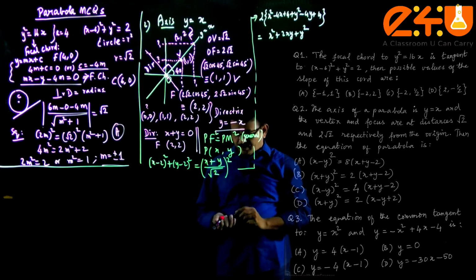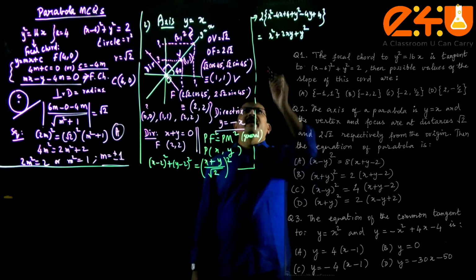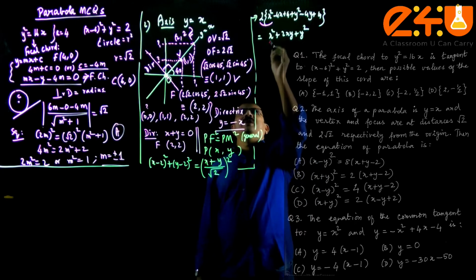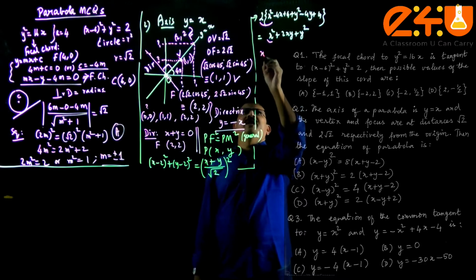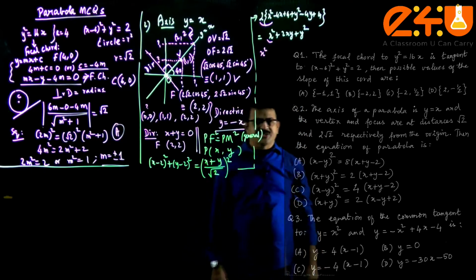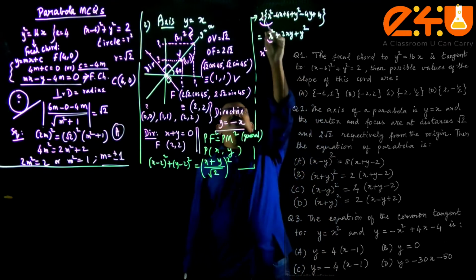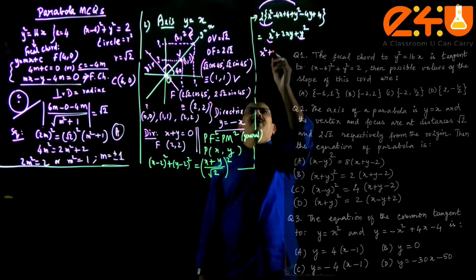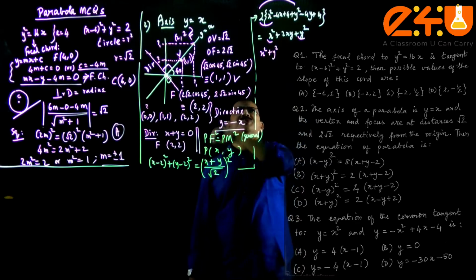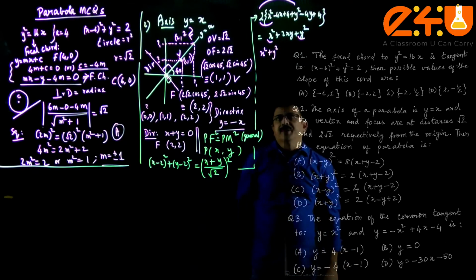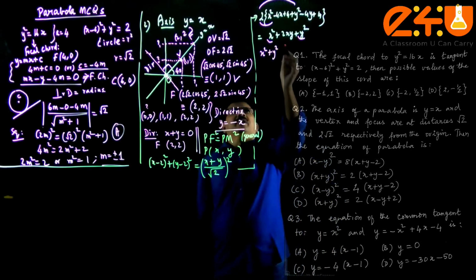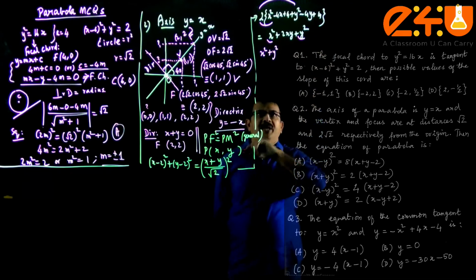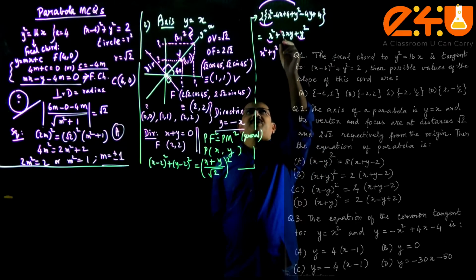What I am going to do, collect x squared: 2x squared and 1x squared makes 1x squared on LHS. Similarly, 2y squared, 1y squared, collecting it on the left side becomes 1y squared. And there is no xy term on the left, but there is one xy term on the right.